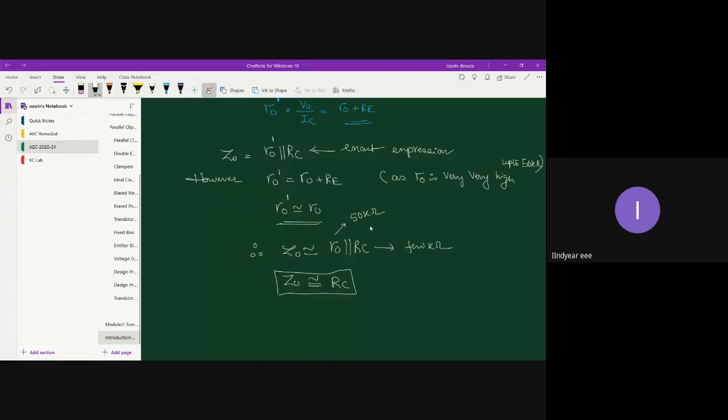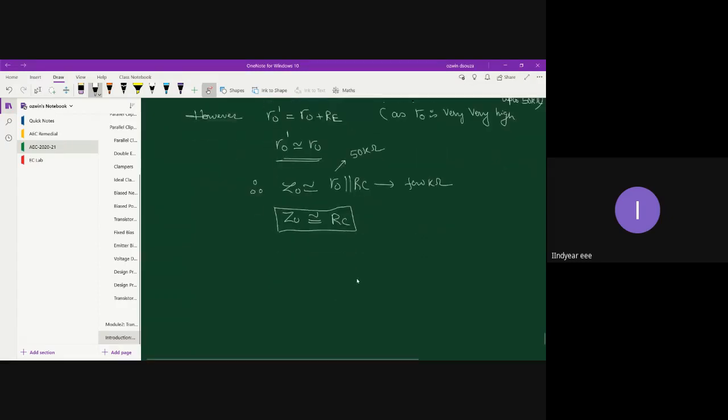So when you have tens of kilo ohm resistor connected across a few kilo ohm resistor, the output impedance is going to be very close to the few kilo ohm resistance value. On that note, I can say that Z0 is approximately equal to RC. So that's your output impedance.